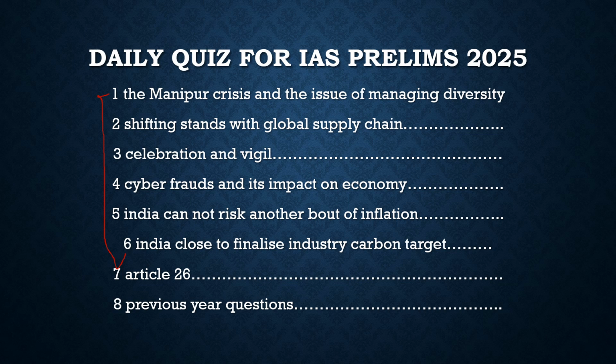So this is the first set of questions which we discuss here. Another set of questions which we discuss here are taken from the static portion. Every day we discuss a topic from the static portion, and we had started with the Indian polity. In Indian polity right now we are discussing the fundamental rights, and in fundamental rights we are going to discuss Article 26, and derive a prelims based question from this article.